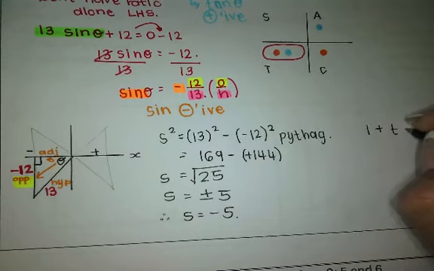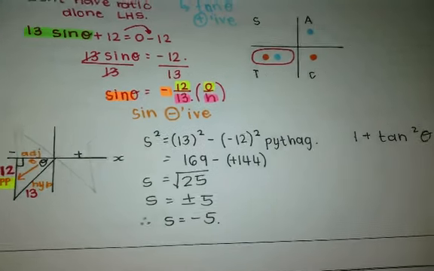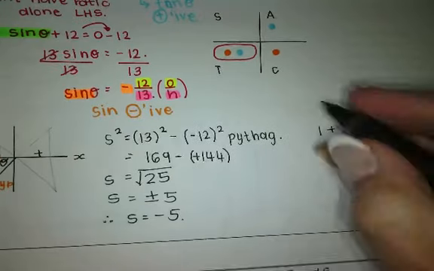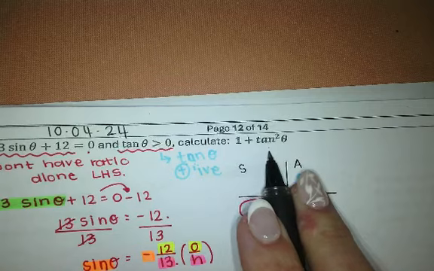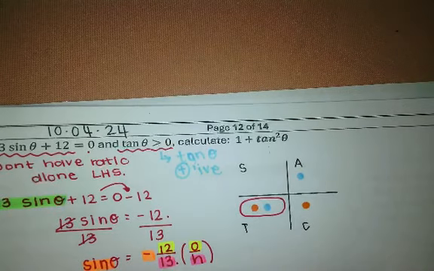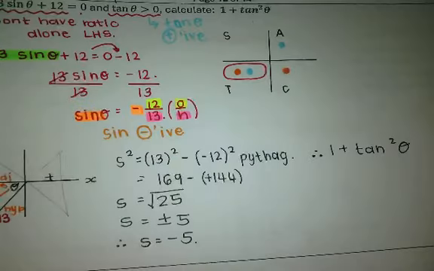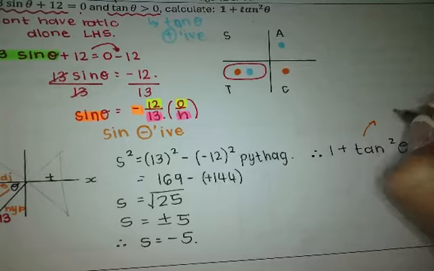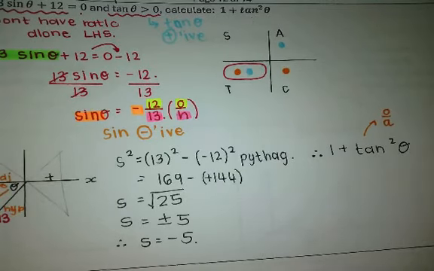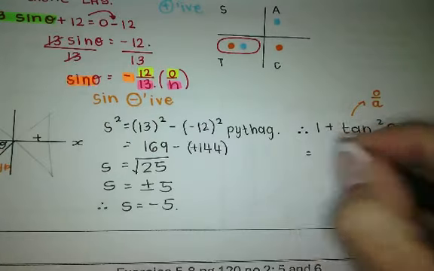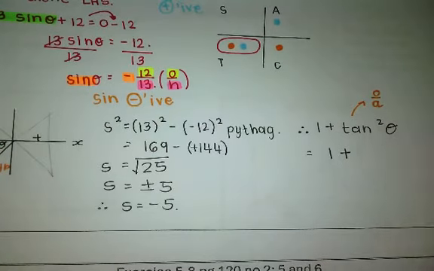Right, now that we have that third side in our triangle, we can go and calculate what they're asking us. They're asking us to calculate 1 plus tan squared theta. And all we're going to do is substitute. That's it. That's part of the question. But remember, before we can answer that, we might need the third side. So, tan theta is opposite over adjacent.